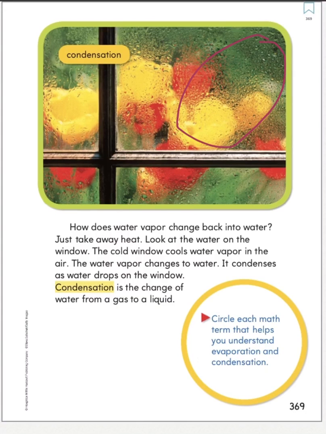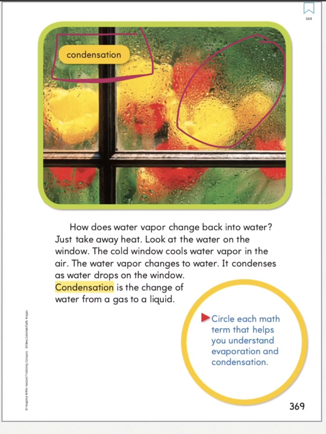How did the drops on the window appear? This we call condensation. Do you see condensation? So evaporation, we said, is when we have liquid water and we add heat, it will become gas. So evaporation is liquid becoming gas when we add heat.